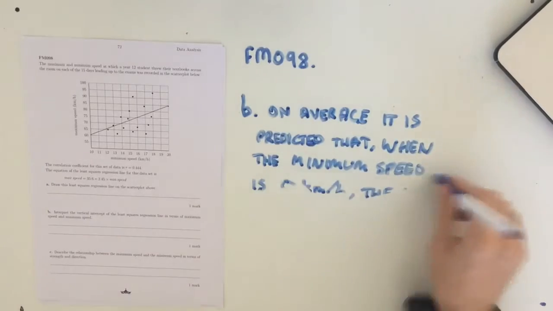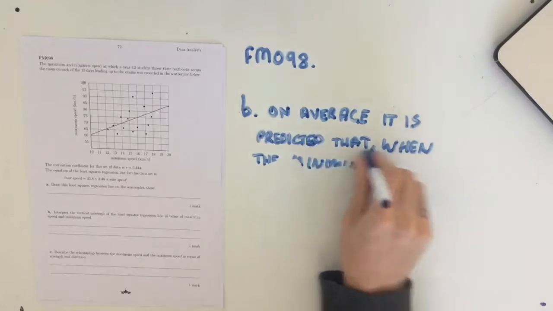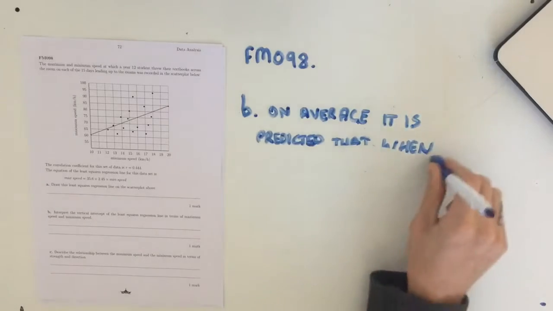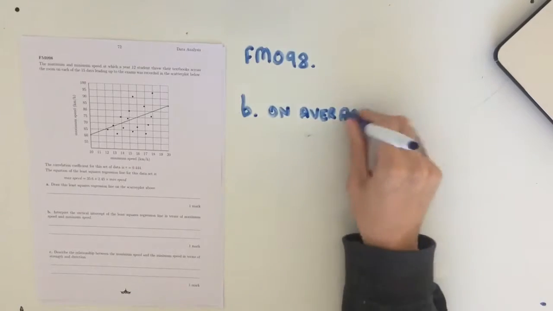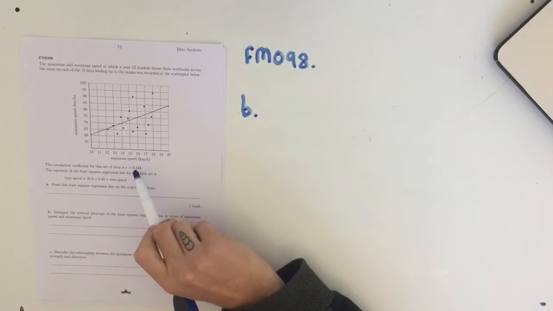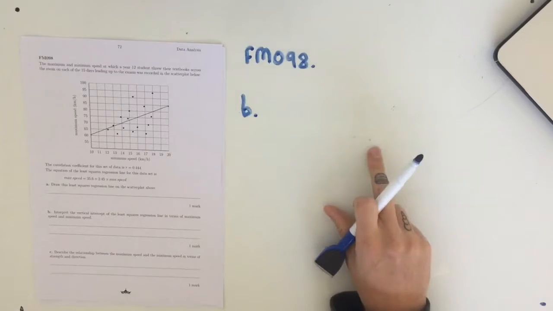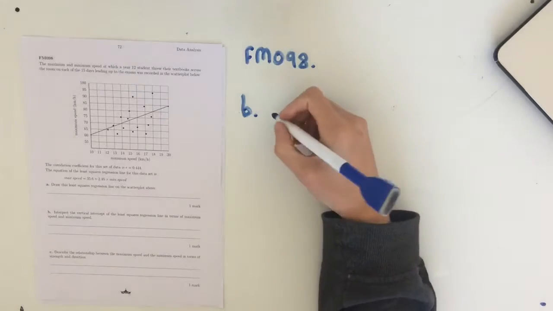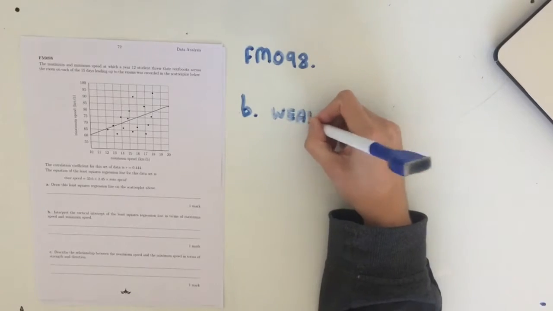Next question, question C, wants us to describe the relationship between the maximum speed and the minimum speed in terms of strength and direction. Cool. So our correlation coefficient up here of 0.44 is between 0.25 and 0.5, which means that we have a weak correlation or weak strength.